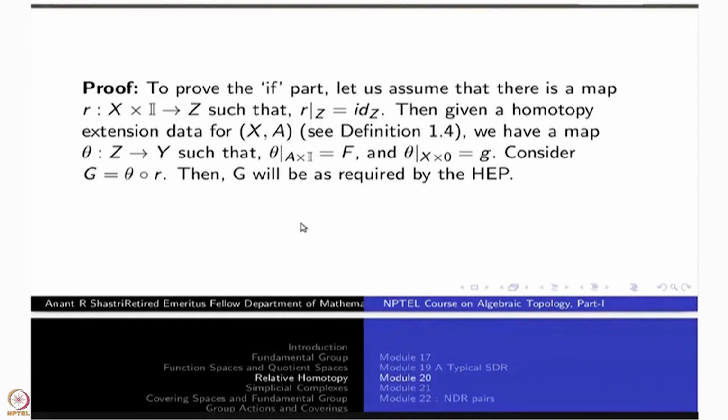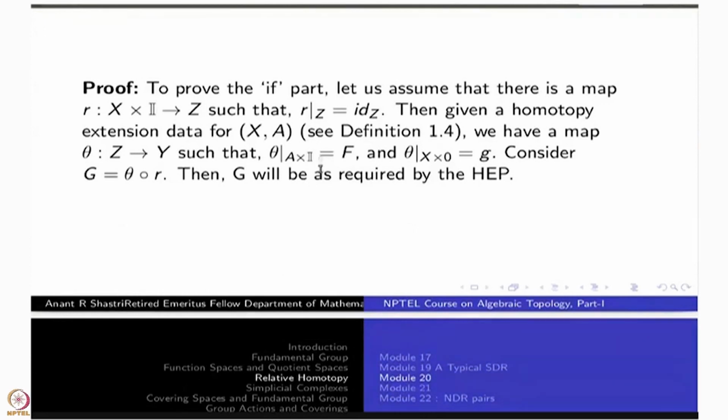Then what has happened? Z, which is A cross I union X cross 0, is a closed subspace of the whole thing if X is Hausdorff. Any retract of a Hausdorff space is closed. That's what we know. If Z is closed, then A cross 0 will be a closed subspace, which is very easy because you have just intersected with X cross 0.